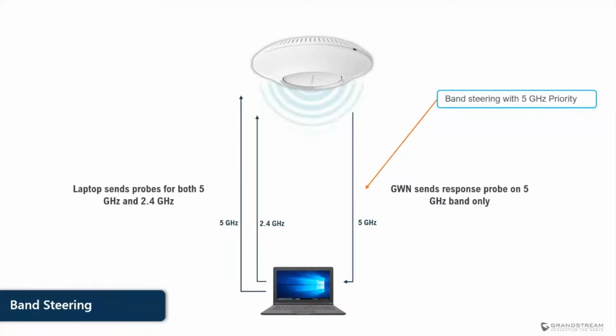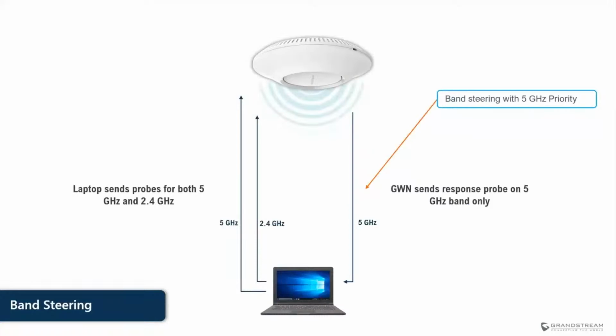However, band steering can be a problem on roaming devices. Some devices might try to connect to a different band when the signal gets weaker during the roaming process. For example, you might prioritize 5 gigahertz, and then the wireless device will try to connect to 2.4 gigahertz when it sees the 5 gigahertz signal getting weaker.